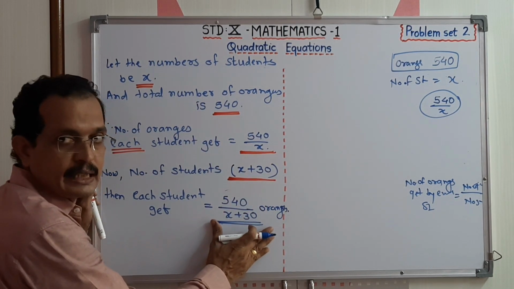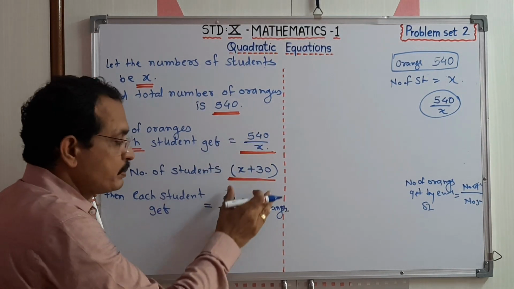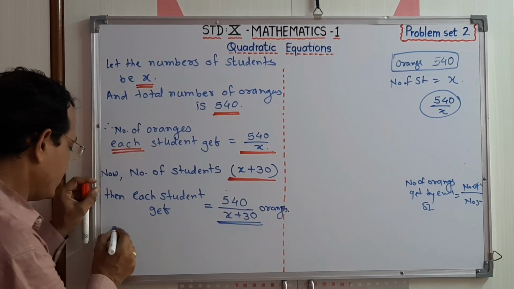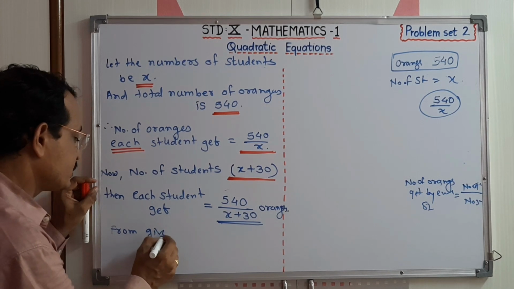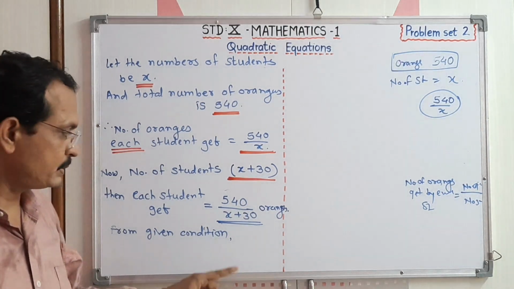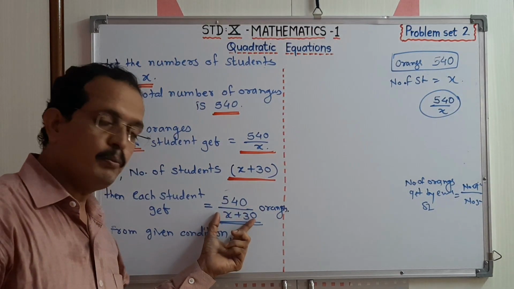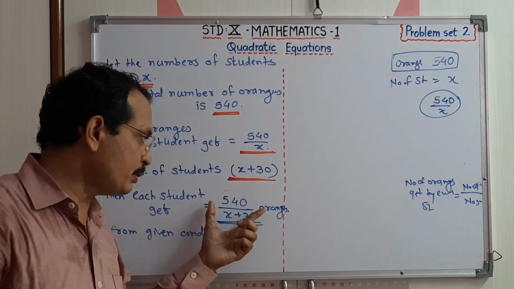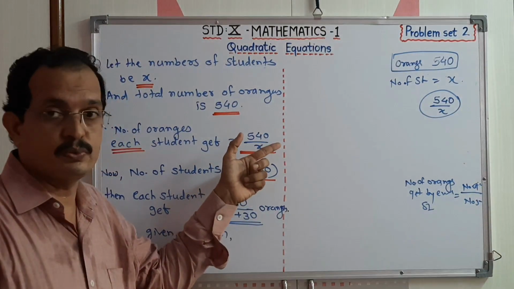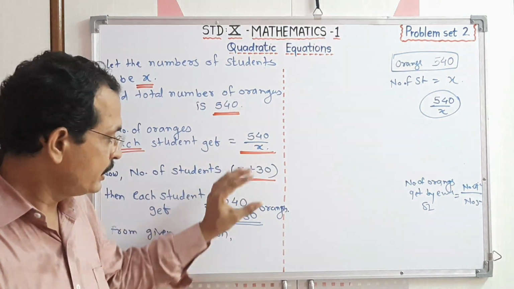The number of oranges is less by 3 than the previous number. Therefore, from the given condition, when the students are more by 30, each student will get 3 oranges less than the previous one. That means this number of oranges is more by 3 than this.